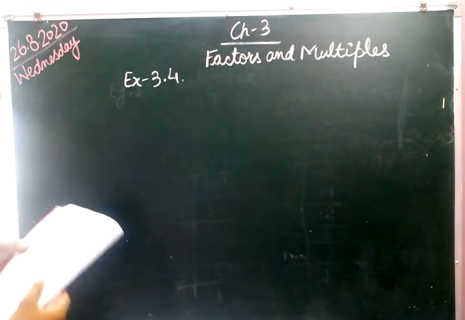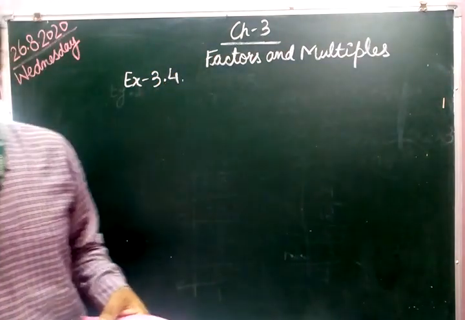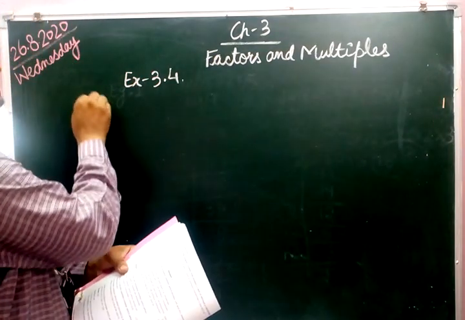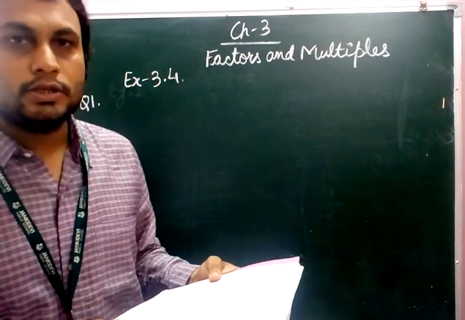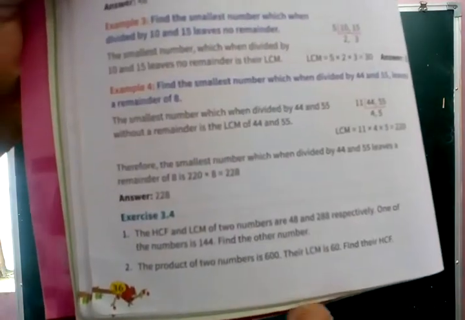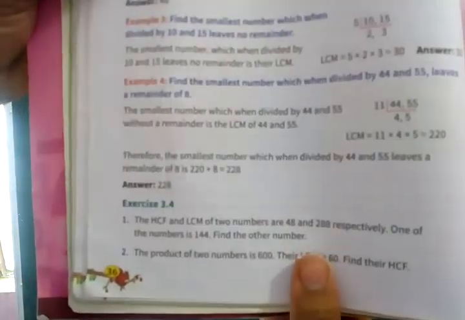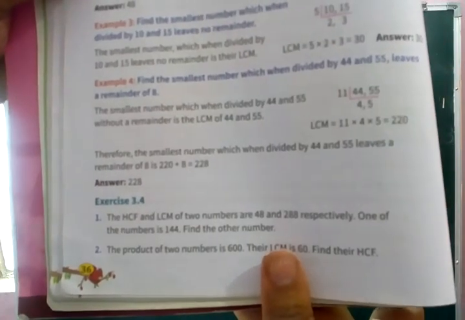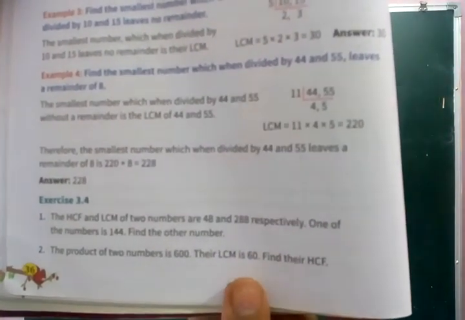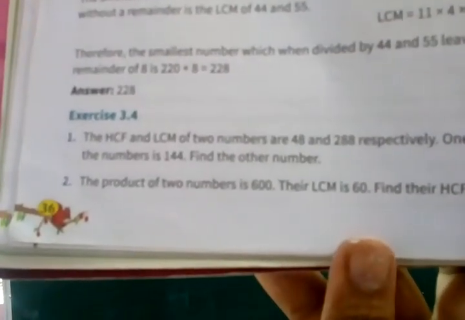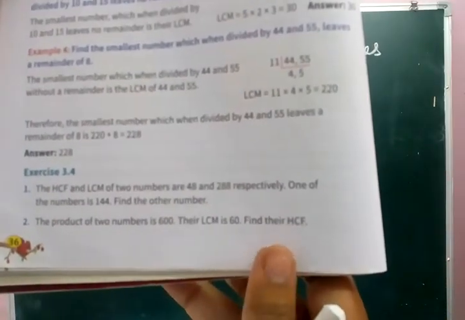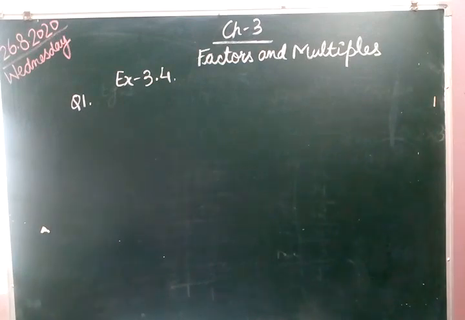The first question of the exercise: the HCF and the LCM of two numbers are 48 and 288 respectively. One of the numbers is 144. Find the other number.